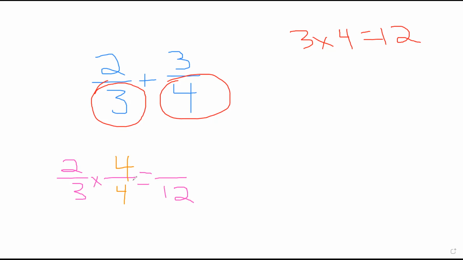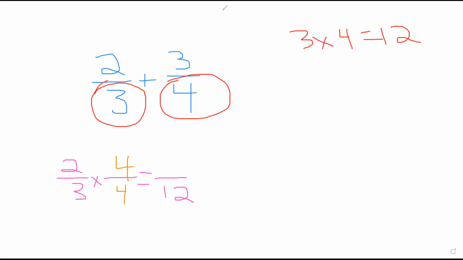Friends, do you think that that is a very important statement? It is. That is why, friends, I just keep on saying it over and over again, okay? We are not changing its value. We are changing the way that we see it so that then we can more easily complete this math problem, okay?